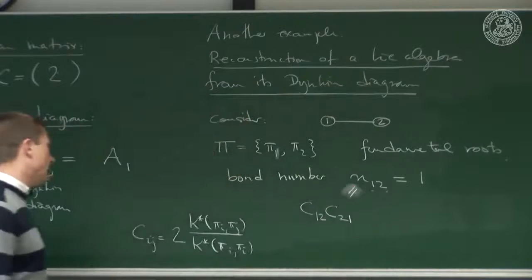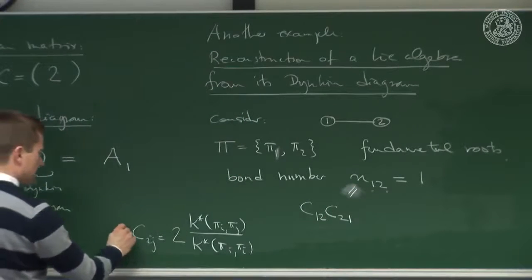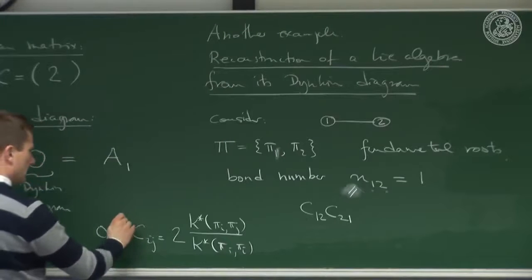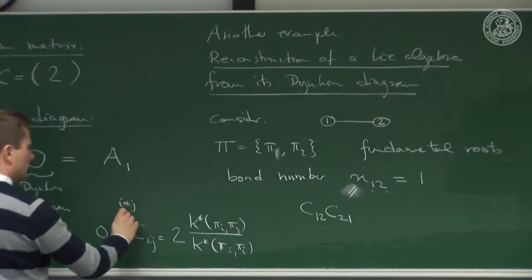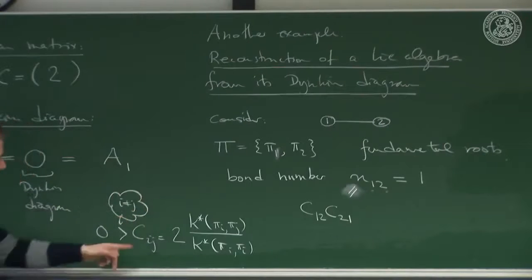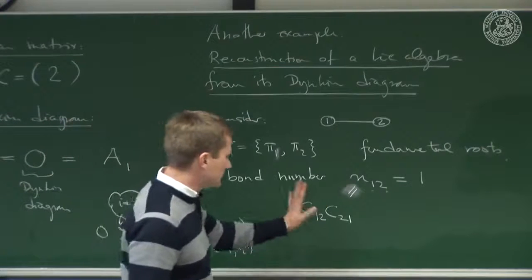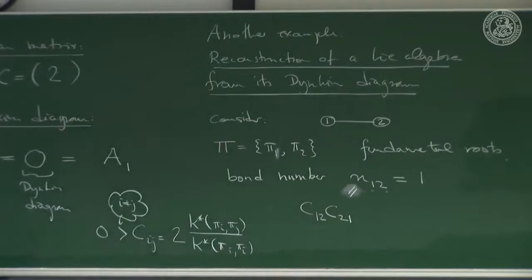Well, we further found that these are less than 0 for i not equal to j. So the off-diagonal elements of the Cartan matrix are negative. Okay, so that will play a role in a second.